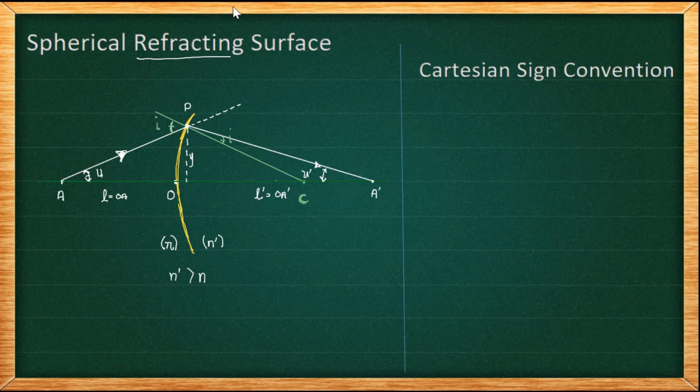So first one is that distances are measured from the optical center.